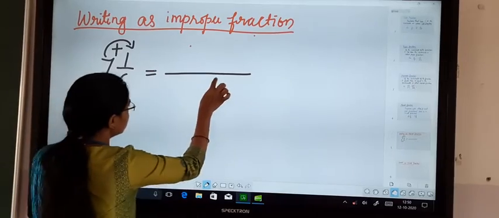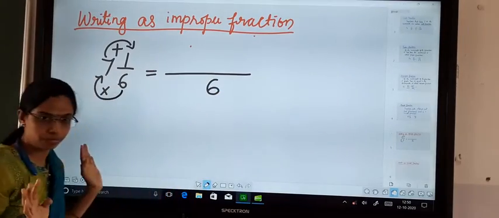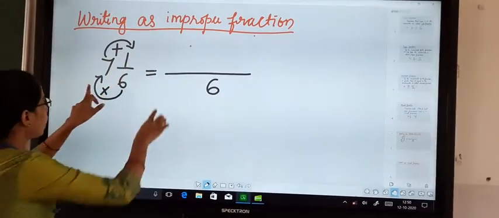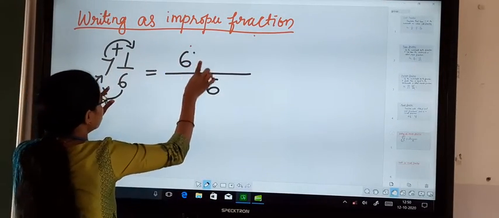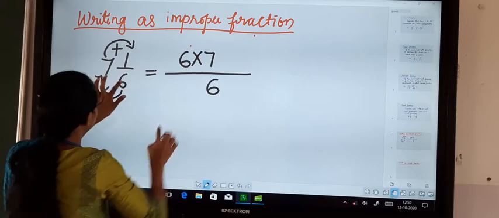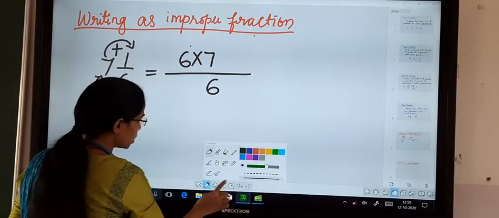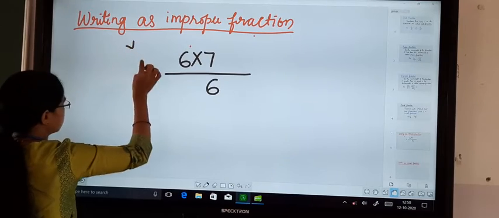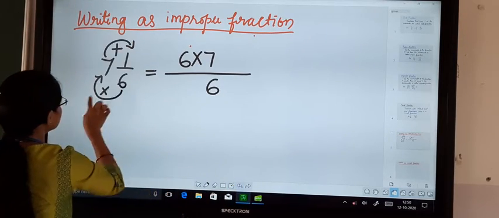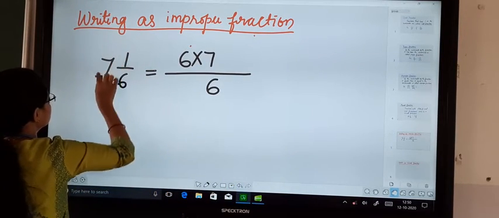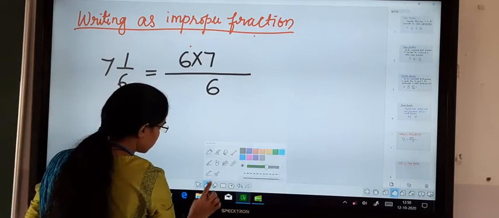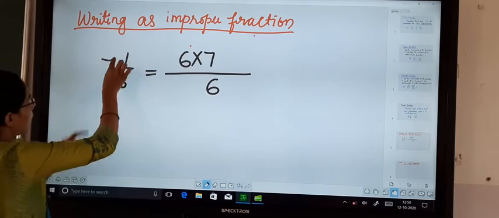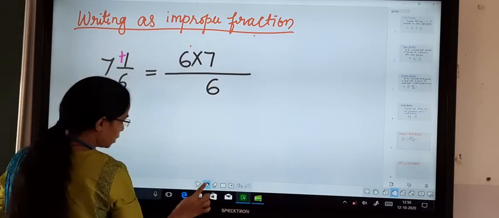So the denominator 6 remains the same. But when writing the numerator, I will do the multiplication, and the answer is added with the plus 1.